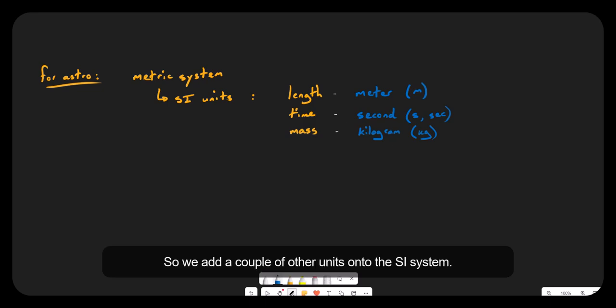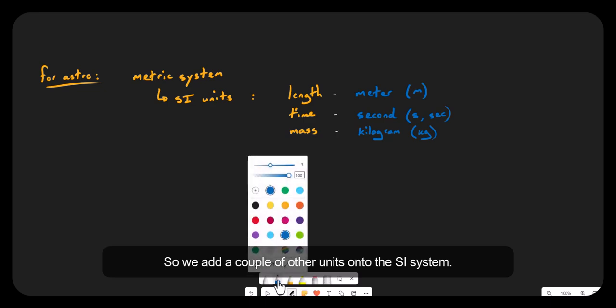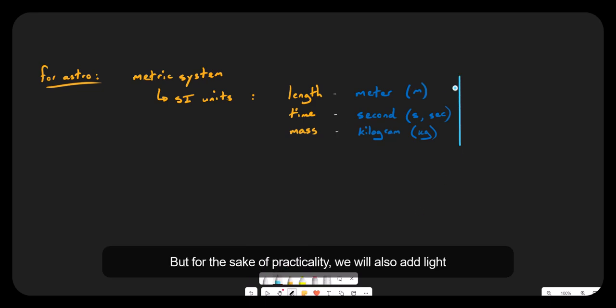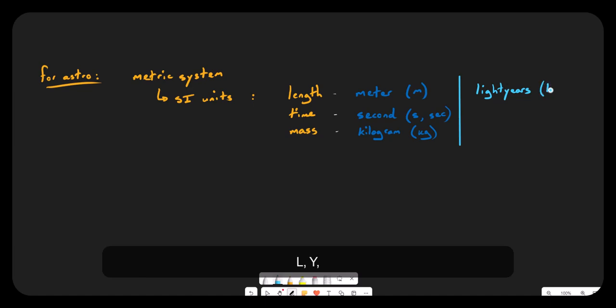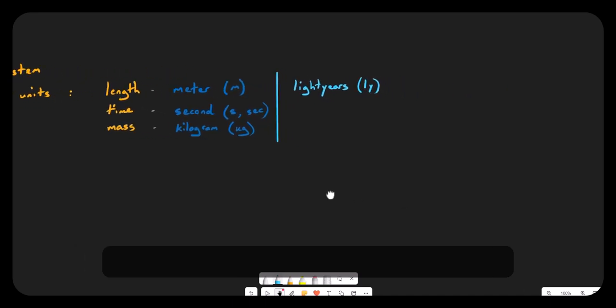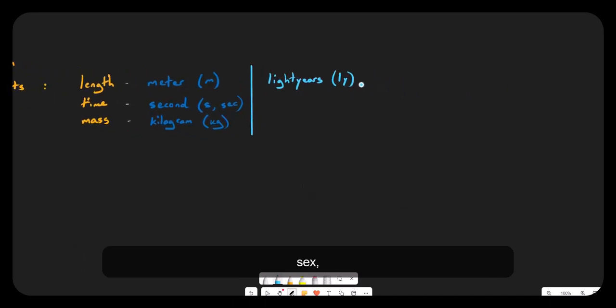And so we end up with a system that needs to be expanded out in scale also. So we add a couple of other units onto the SI system. We have meters for our SI unit, but for the sake of practicality, we will also add light years, LY, and parsecs, which are PC.